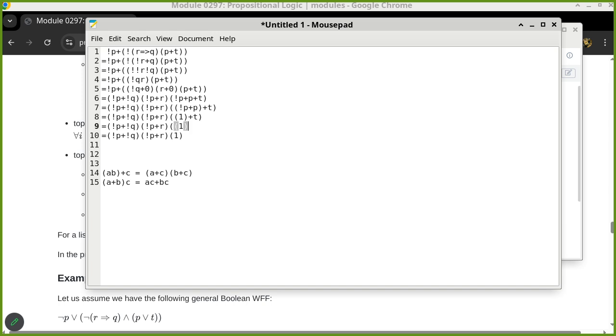That is going to be true. And then if you have blah blah blah and true, we can now simplify that to just everything without the and true, because true is the identity of conjunction, just like one is the identity of multiplication. Yep.